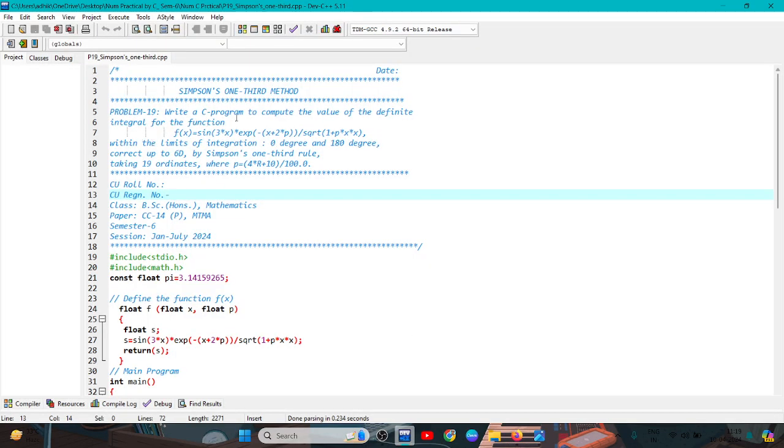Problem 19: write a C program to compute the value of the definite integral for the function f(x) = sin 3x · e^(-x) + 2p, divided by the square root of 1 + p x², within the limits of integration 0 degree and 180 degree, correct up to 6 places of decimal by Simpson's one-third rule, taking 19 ordinates, where p = (4r + 10)/100.